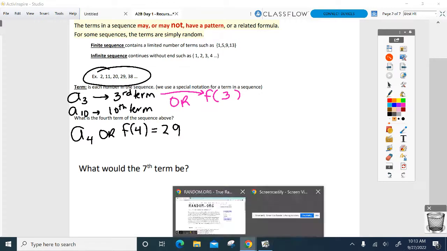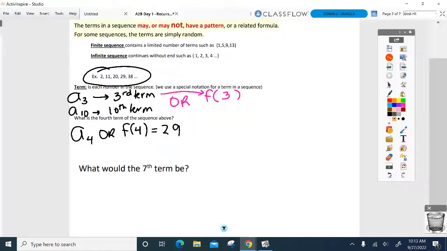When you're ready, seventh term. What's my seventh term here? 56. A7 equals 56. Let's get in the habit of writing it symbolically. Any issues on how we found 56? Or how we're writing these?